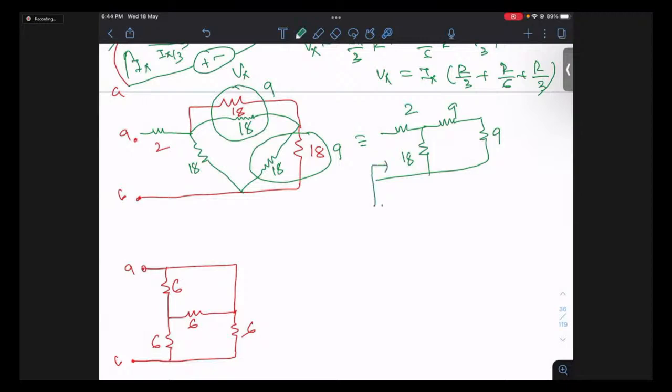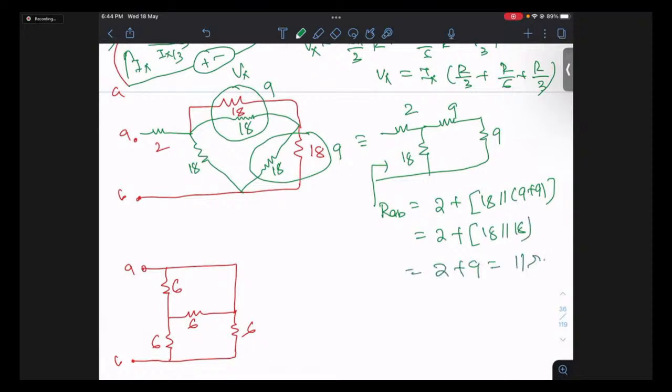So this is what your RAB is. This happens to be 2 plus 18 parallel with 9 plus 9. You get 2 plus 18 parallel with 18. So 2 plus 9, and that happens to be 11. So the answer of this question was 11.